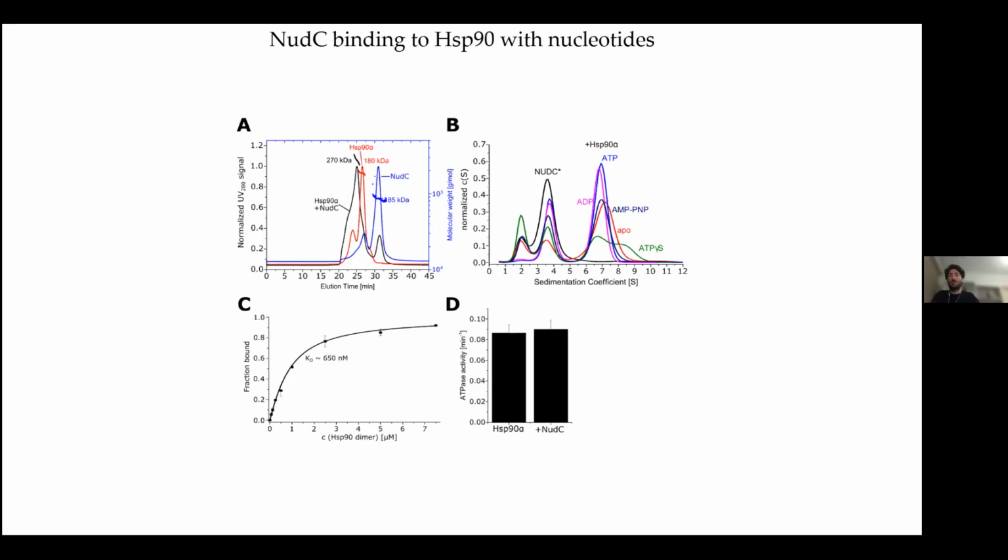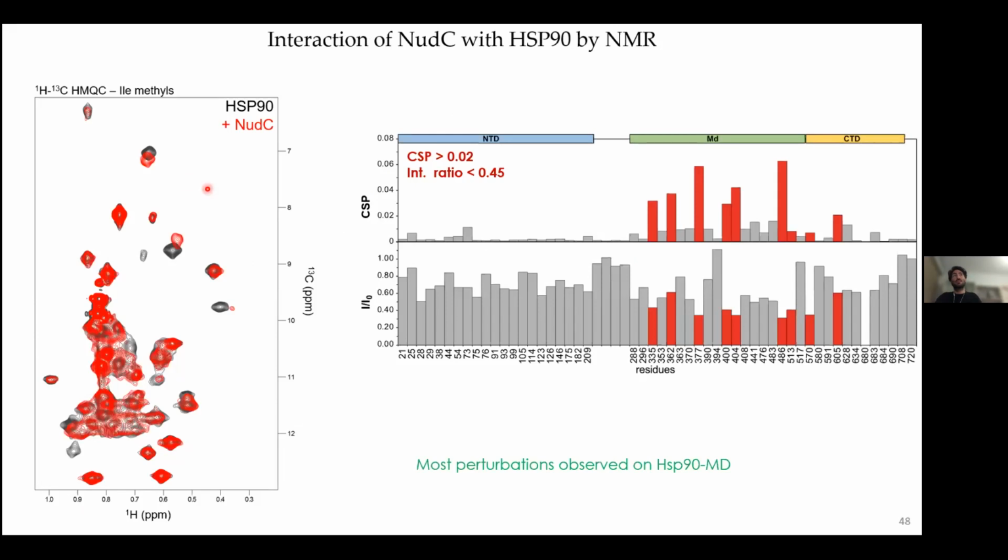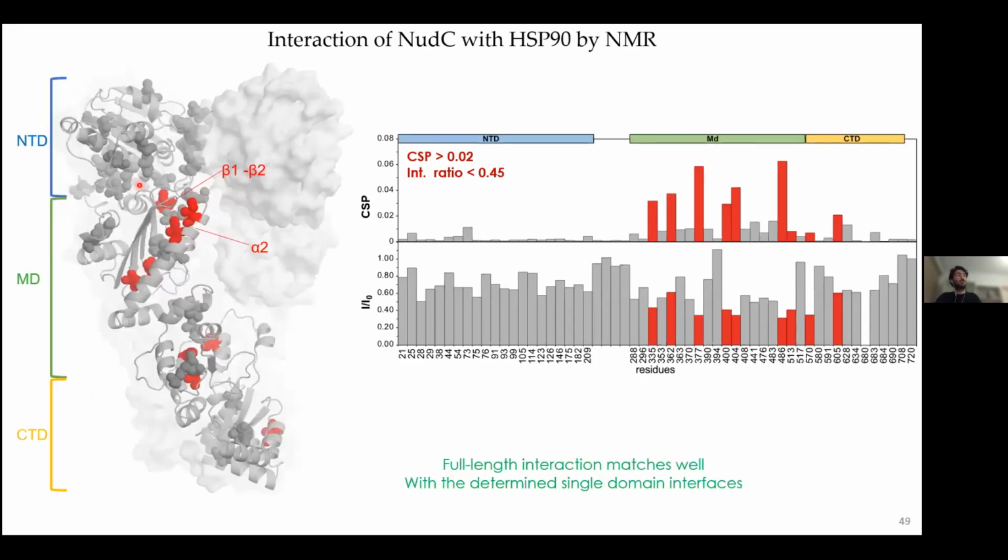Yes, that's always very difficult with Hsp90 because we have a lot of conformational changes that can be induced by the client. But in that case, I think we are very lucky that we have fairly specific effects on the methyl spectrum. We also have a pretty nice effect on the middle domain that we can characterize.